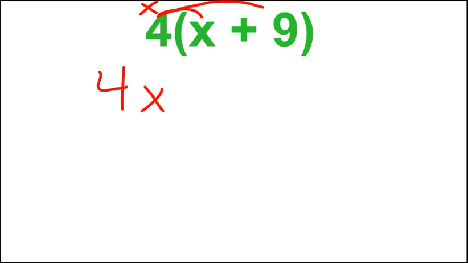We'll keep it going. 4 times 9 gives us 36. That's it. That'd be the answer to this one. 4x plus 36. We cannot combine variables with constants. That was one of the problems some of y'all had with yesterday's work. Any questions on that?